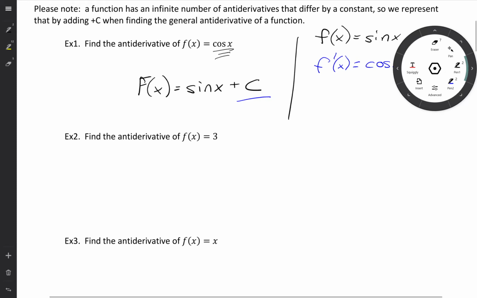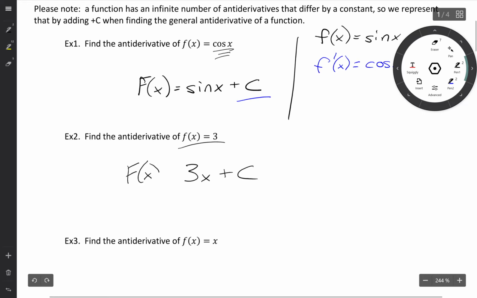What would the derivative of a function, what resulting answer would be a constant? The derivative of what function would be a constant? We'll just throw a variable on it. So 3x plus c is our antiderivative right here, because we know if I take the derivative of this, big F prime of x is equal to 3.